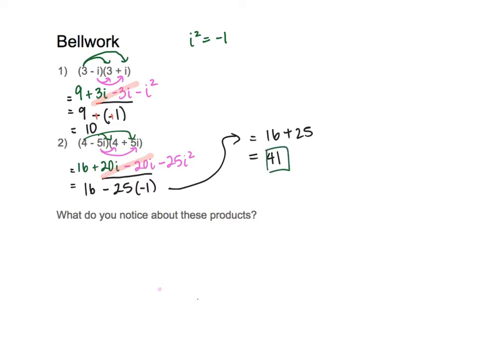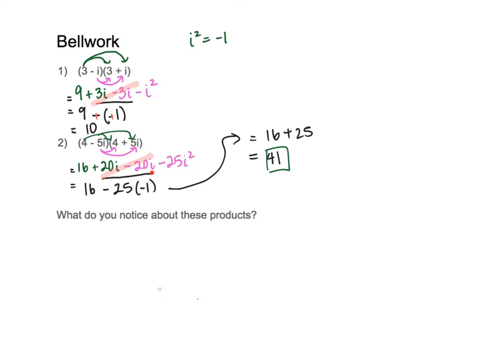So what did you notice when you multiplied these two factors? Well, right away we noticed that these factors here were almost the same, but they were different in signs, right? So for equation 2, we can see that they're also the same, but different in signs as well. And so after we FOILed these factors, we noticed that the middle terms canceled.